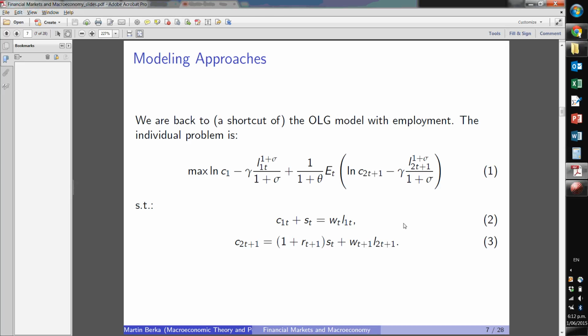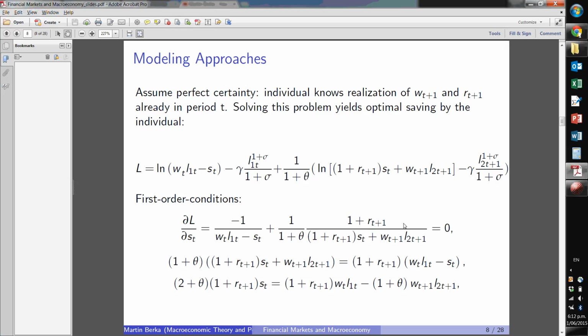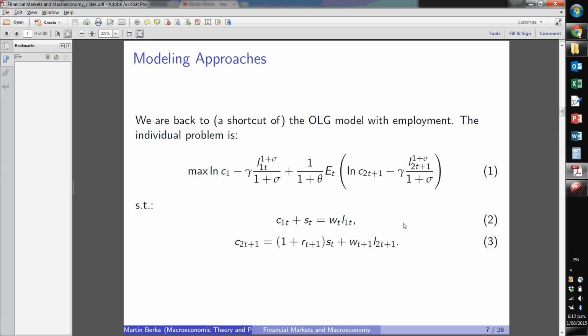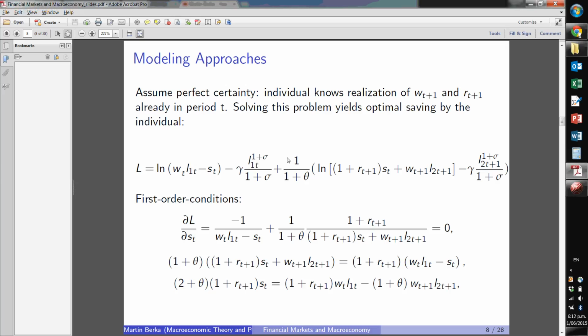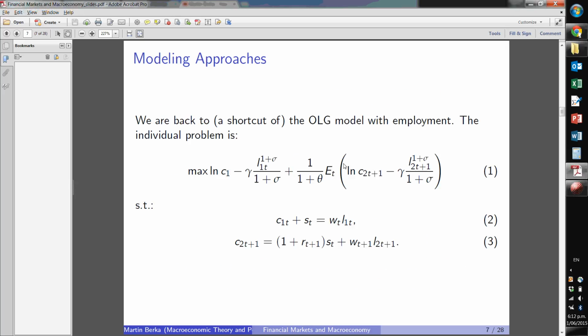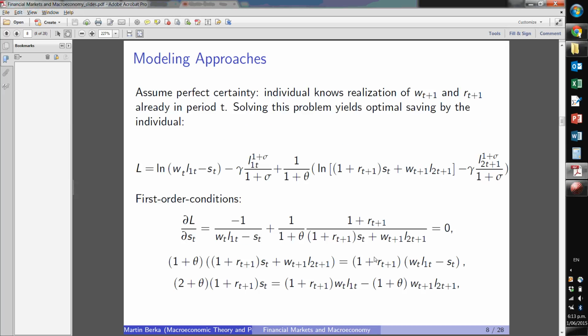So we can substitute for C1 and C2 in the utility function, which is done here. For C1 from the first equation, I can express C1 as W1 L1 minus S, and that's what is here. For C2, it's 1 plus R T plus 1 times S, the savings, plus tomorrow's wage income.